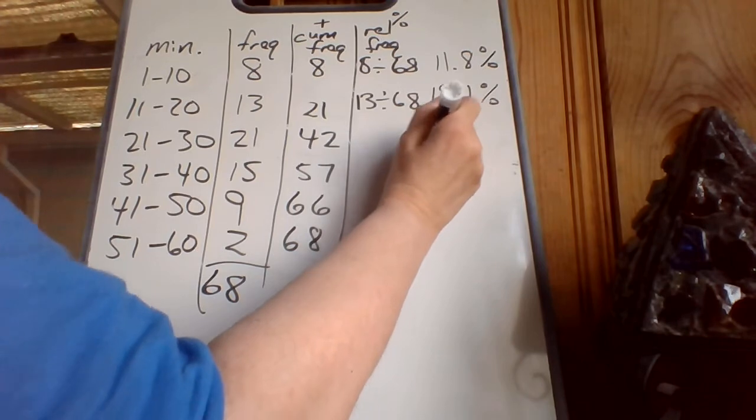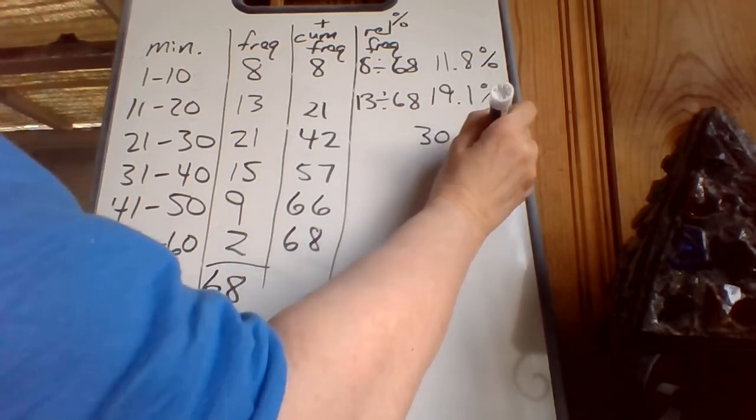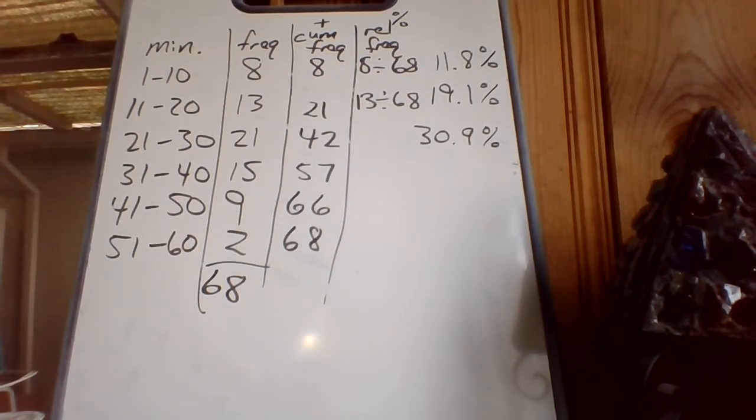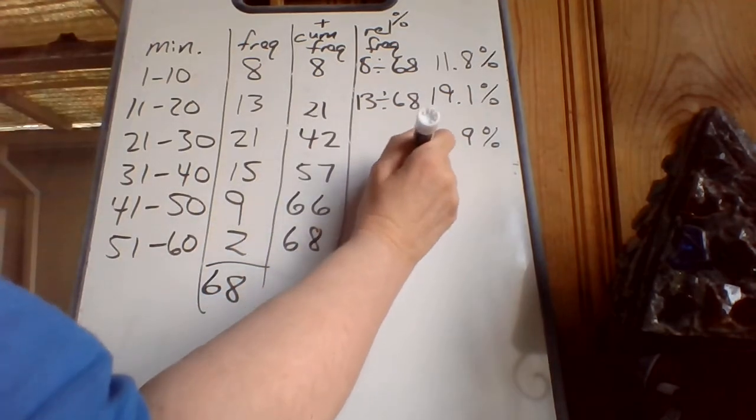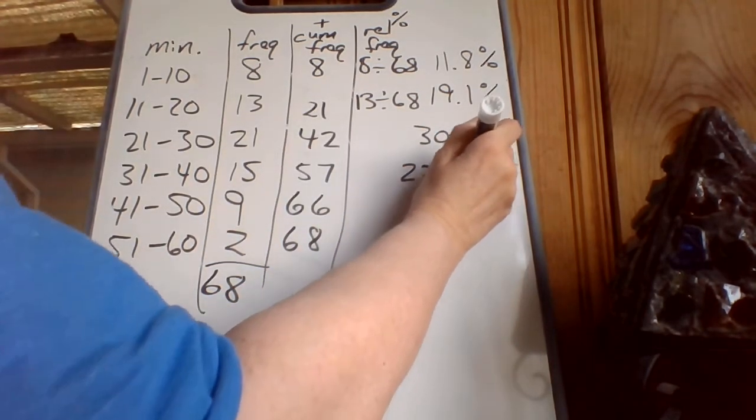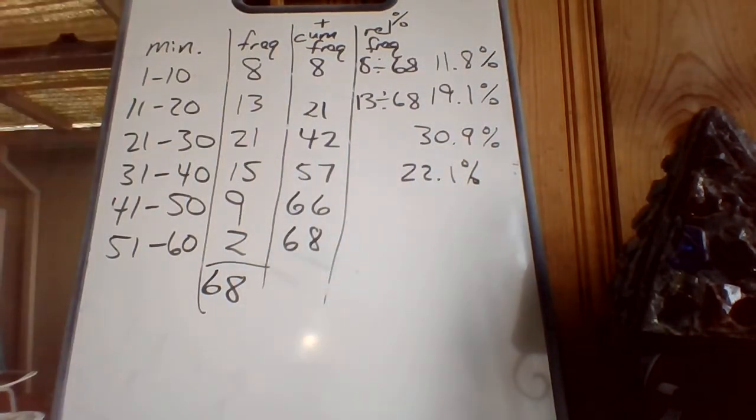I'm going to call that 30.9%. 15 divided by 68 is 22.05. So I'll call that 22.1%.